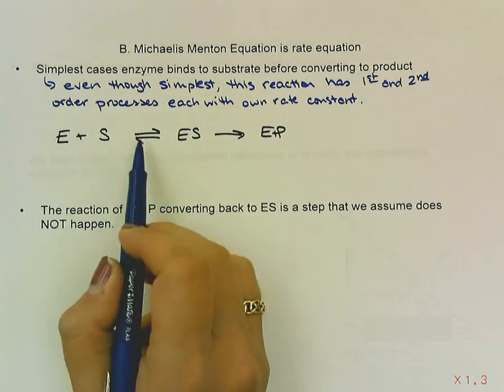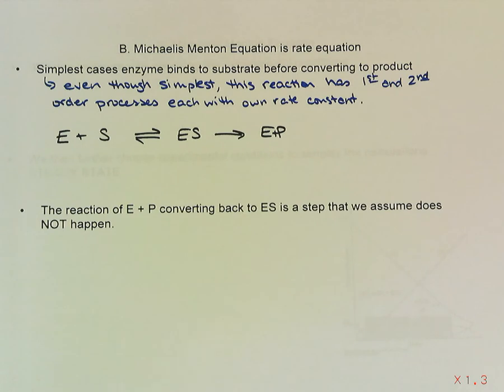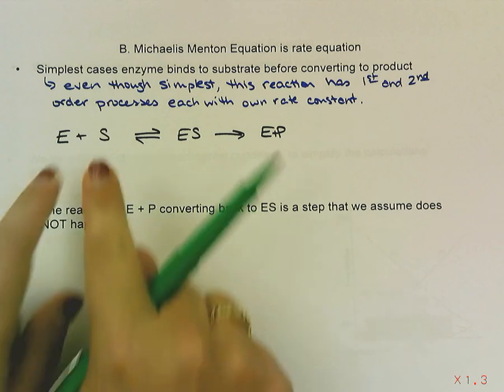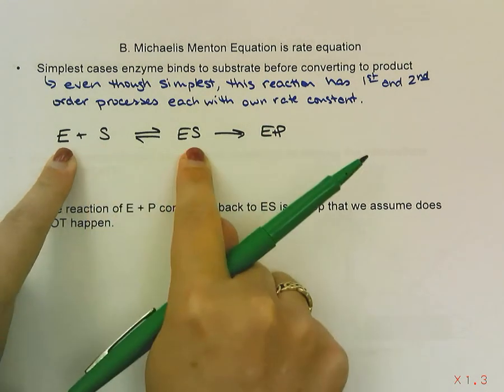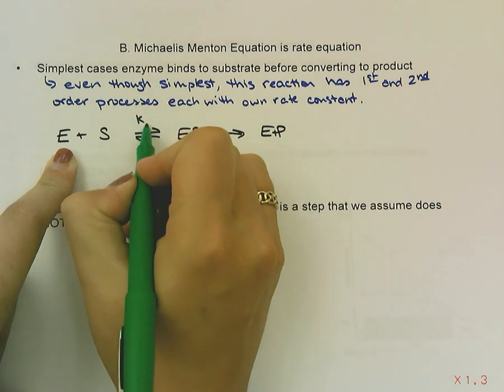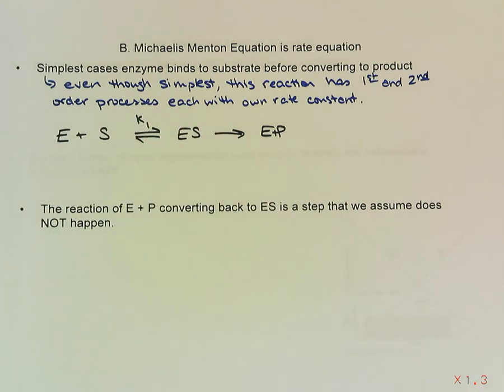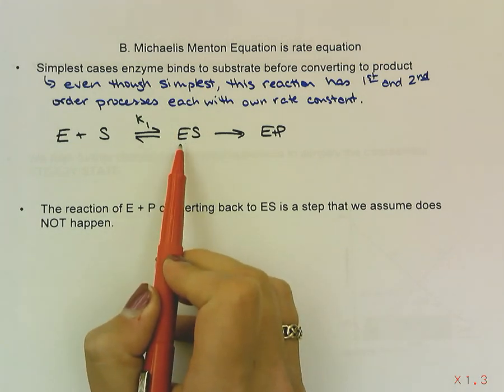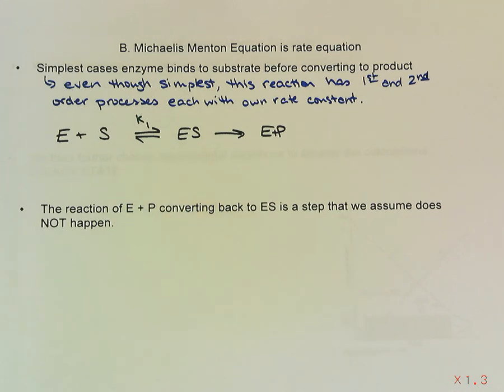So for each of these arrows, I'm going to label them with a different possible rate constant. I could imagine enzyme plus substrate going to the enzyme substrate complex. I'm going to call that K1, K sub 1. I could imagine the enzyme substrate complex falling apart and returning to its initial enzyme plus substrate.